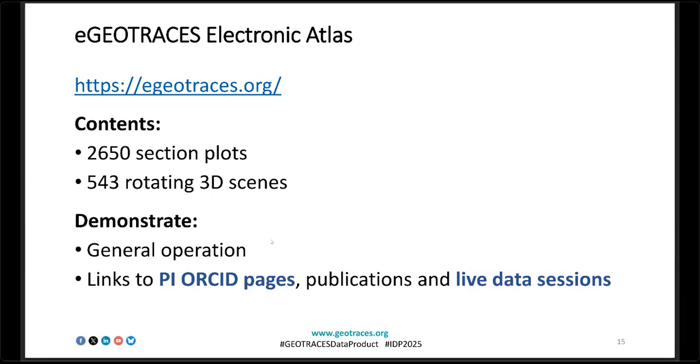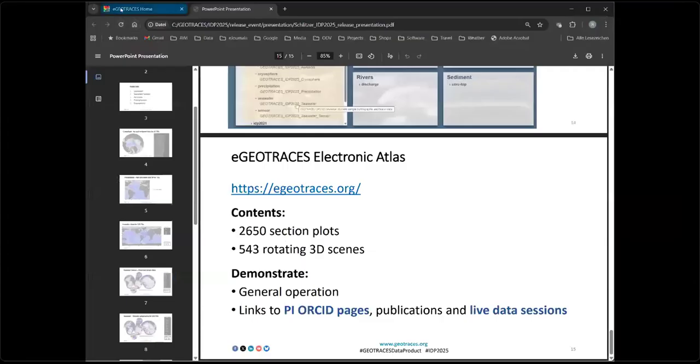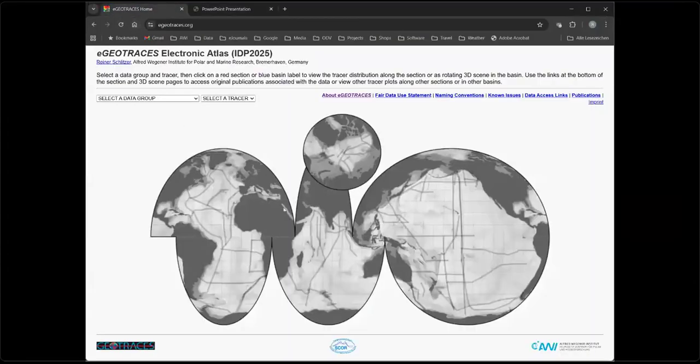And in the remaining few minutes, I want to do a live demo that shows you some general operation, but also some new features of eGeoTraces. And I'm hoping that you now see the eGeoTraces front page.